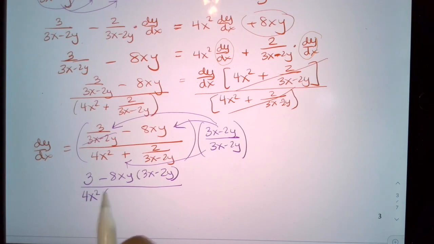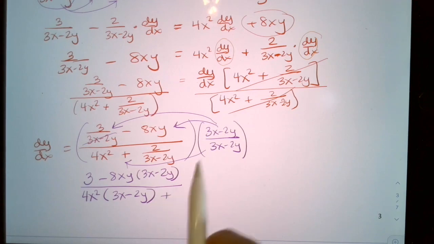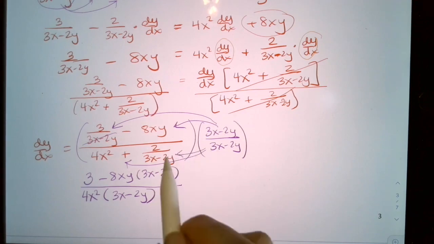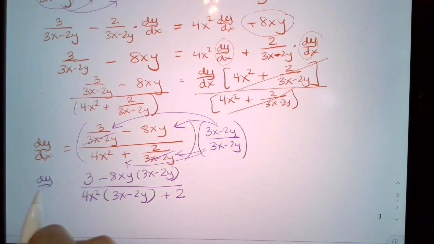So 4x squared is also going to have an extra factor of 3x minus 2y, plus sign in the middle, and then you knock out your denominator there. This is a much better form for the derivative. I think this looks great. I think you might want to keep going and write it a little bit nicer.